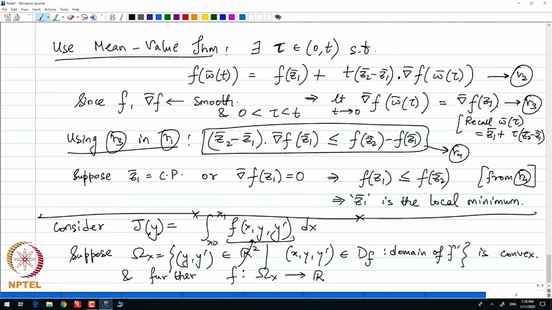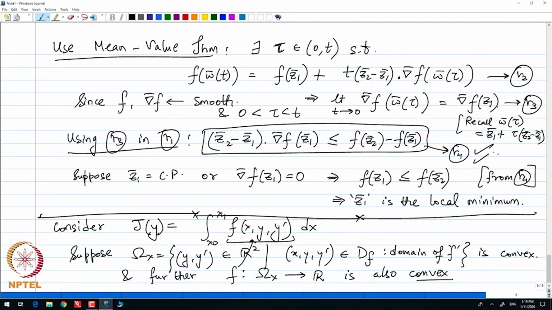So f from omega of x to R is also convex. So this is our starting assumption, right. If that is the case, we can quickly use some of the results that we have shown in the finite dimensional case, namely the results R1 to R4. So I am going to use the result R4 here.